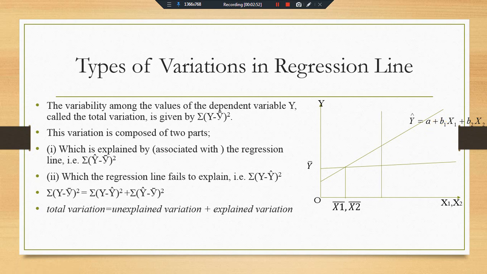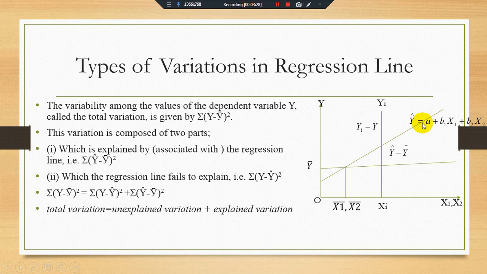Here we have independent variables x1 and x2 and dependent variable y. This is our total variation, yi minus y bar, that is summation y minus y bar square. The part below the estimated regression line is the explained variation, y hat minus y bar.